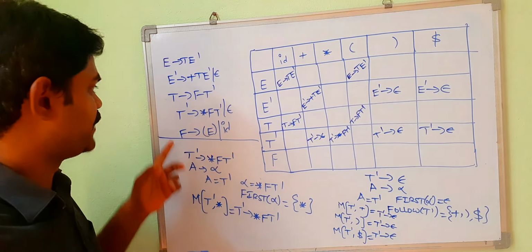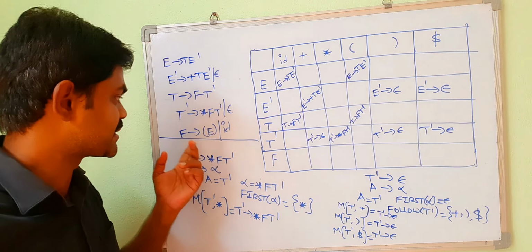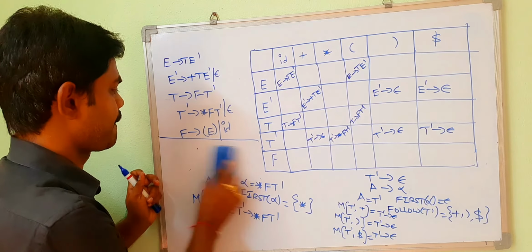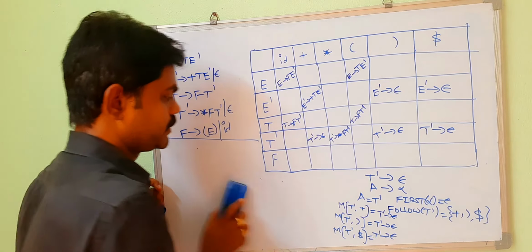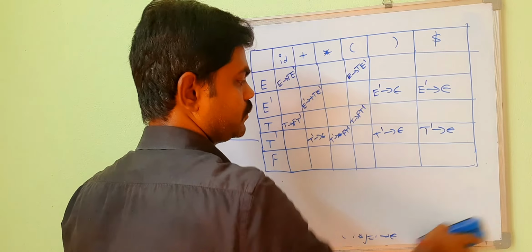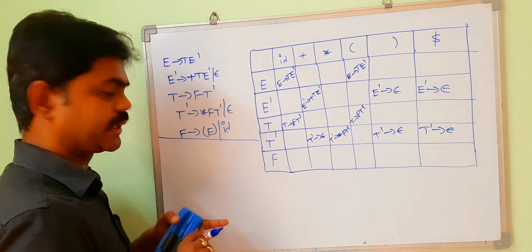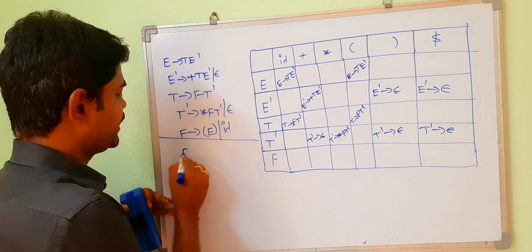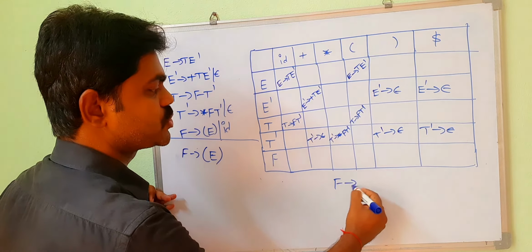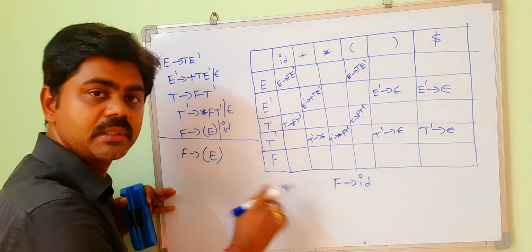Okay, and we are left with one last production, that is F tends to E, and F tends to id. So these are the two productions.